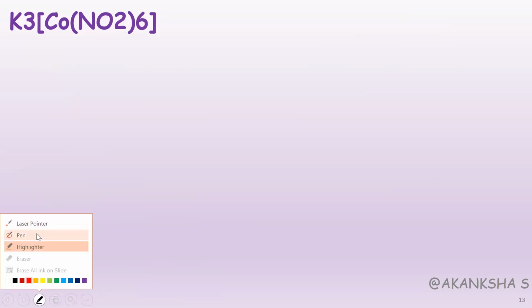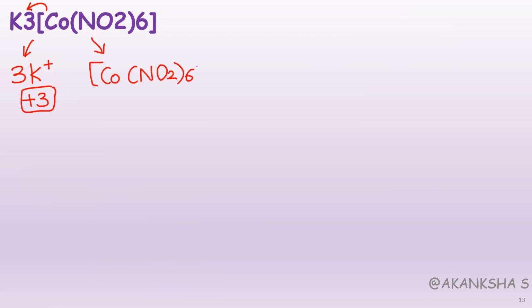No problem. Here, first things first, we are going to separate. Okay, so we have potassium, meaning it's before the complex, it's bound to be a cation. 3 potassium, potassium has +1 charge on it. So we have +3 charge outside. Here we have got a complex Co(NO2)6.